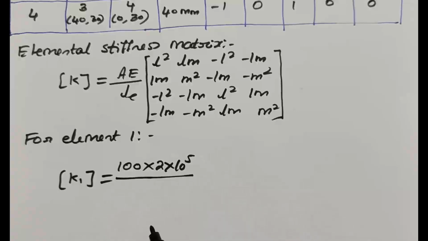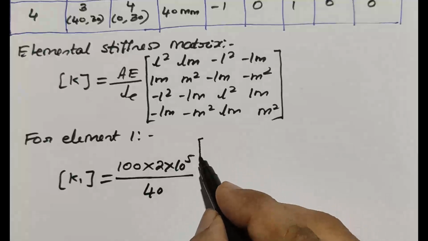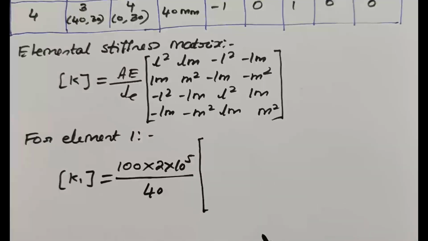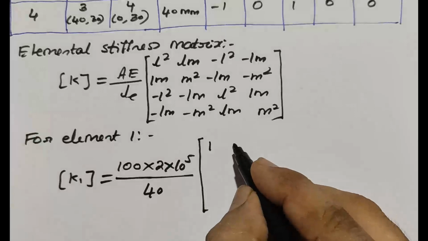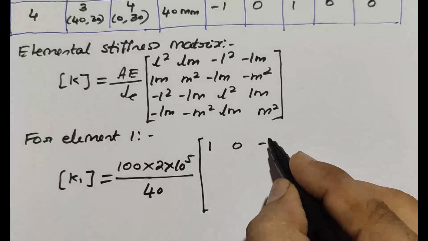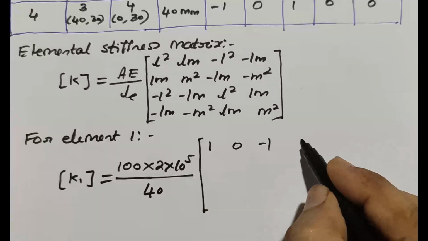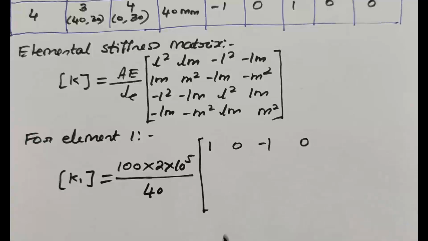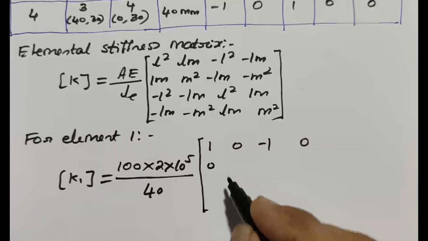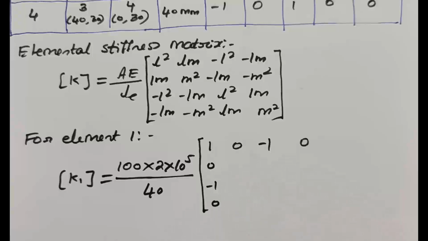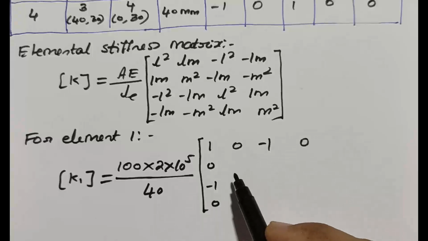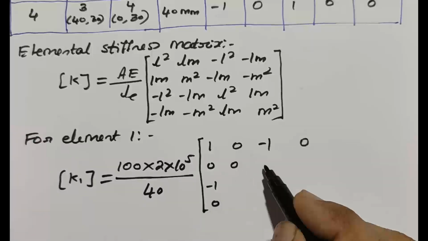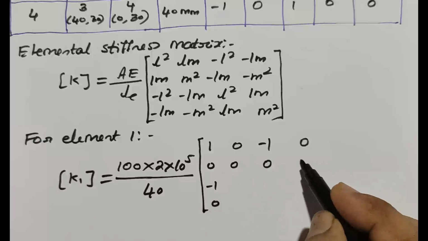Length is 40 mm, so divided by 40. L square is 1, LM is 0, minus L square is minus 1, minus LM is 0. Due to symmetry, I can write the first column 0, minus 1, 0. Next M square is 0, minus LM is 0, minus M square is 0.